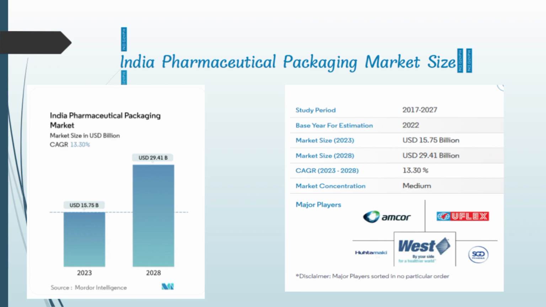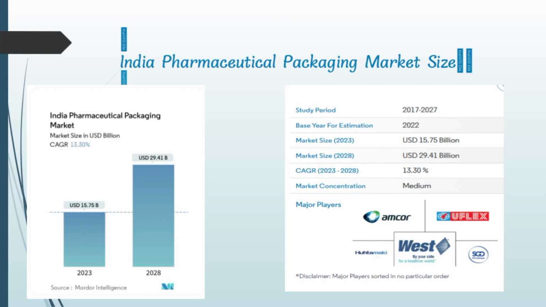The study period is given as 2017-2027. Base year for estimation is 2022. Market size in 2023 is USD 15.75 billion, and market size for 2028 is USD 29.41 billion. The compound annual growth rate in this period is 13.30%.